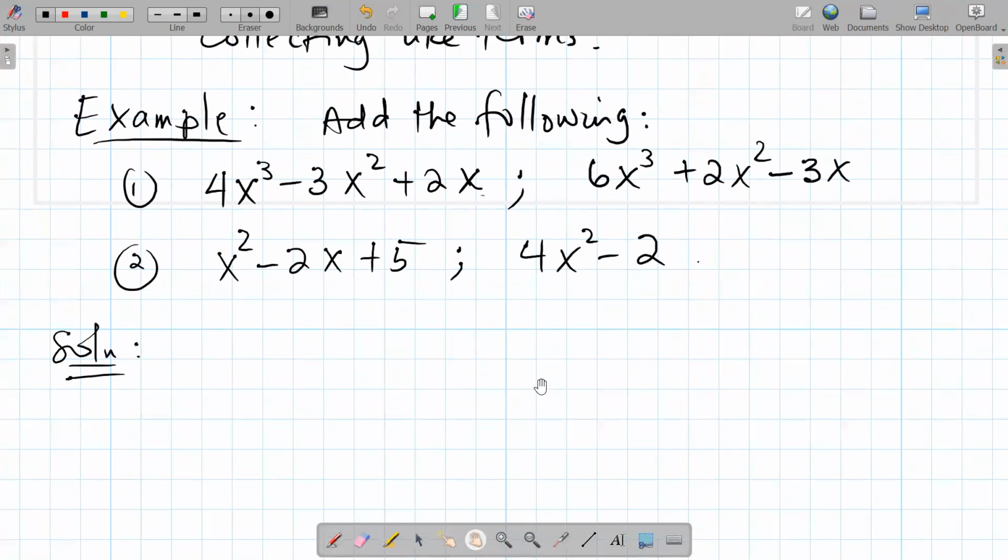Now, if a problem is given this way, you can either add it horizontally or you can add it vertically. So first I'm going to look at the vertical form. Let's look at the vertical form.